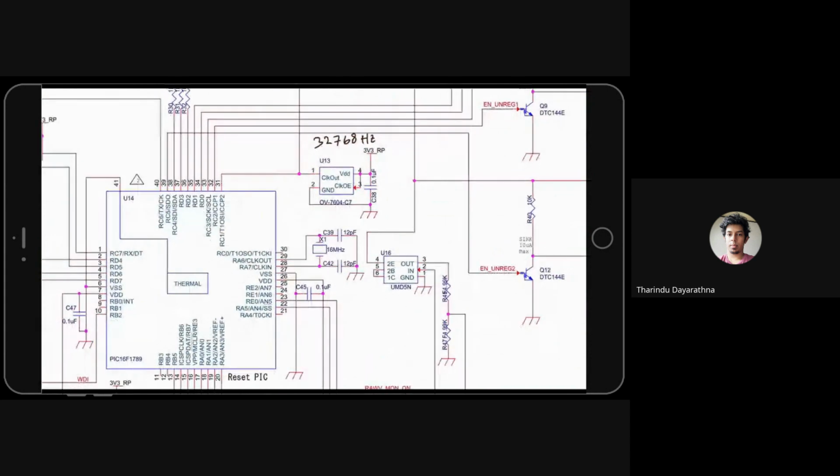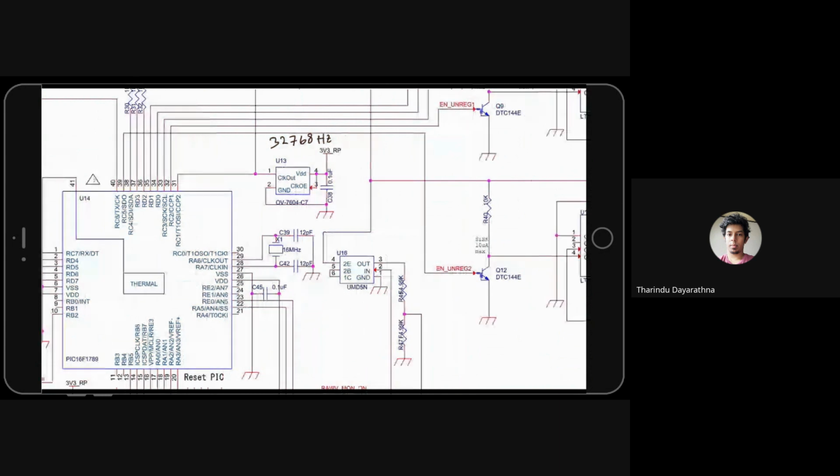Using this frequency we can create a very accurate 1 second pulse for the RTC, the real time clock, inside. If you divide this signal frequency by 15 times, you will get a 1 second delay. That's how this PIC creates a 1 second delay inside, so you can create a timer, meaning hour, minute, second timers.